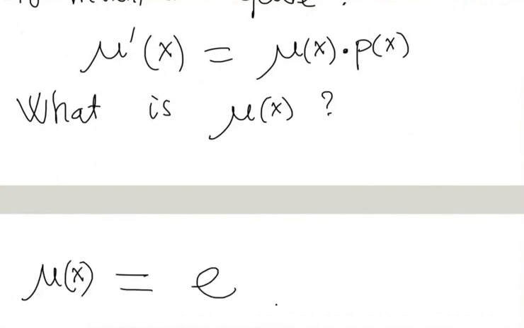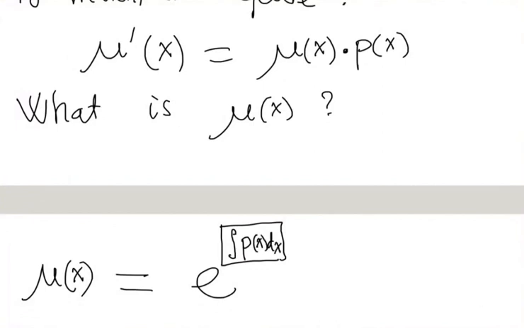If we have an exponential, then when we take the derivative of mu, it will be the same exponential times the derivative of the exponent. But we want a p of x here. So on top, in the exponent, this should be the antiderivative, because by the chain rule we need to take the derivative later on.